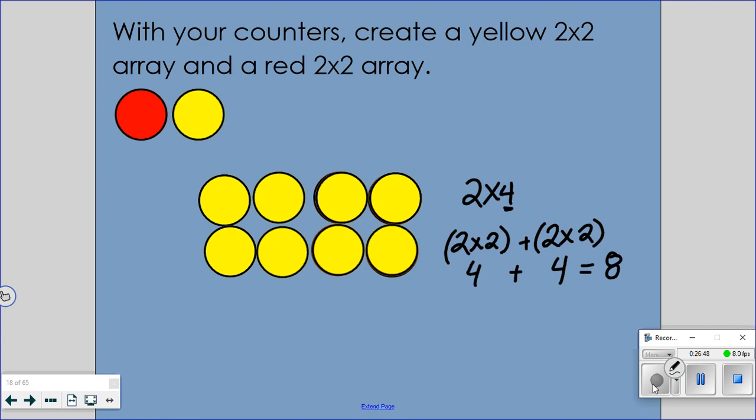Now I know my 2's. I've got to smush them together. What is 16 plus 16? 32. What is 4 times 8? 32.